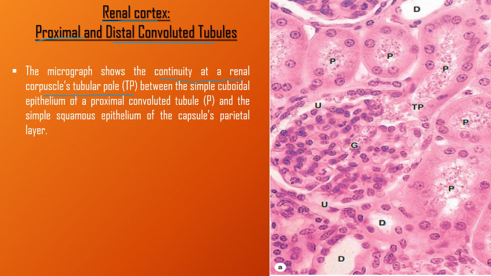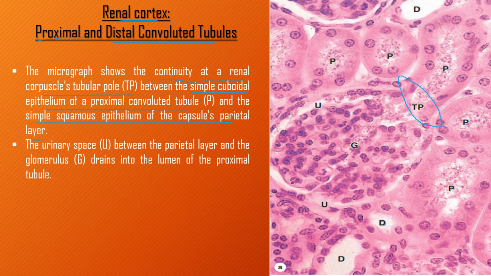This is the tubular pole from where the tubules arise, between the simple cuboidal epithelium of the proximal convoluted tubule and the simple squamous epithelium of the corpuscular capsule's parietal layer.